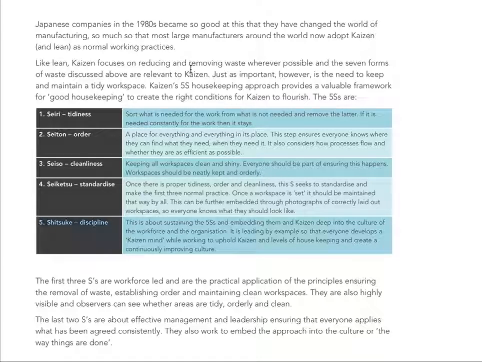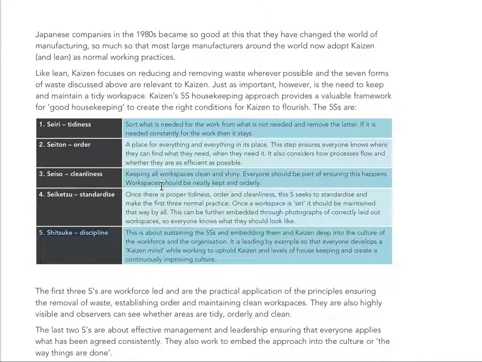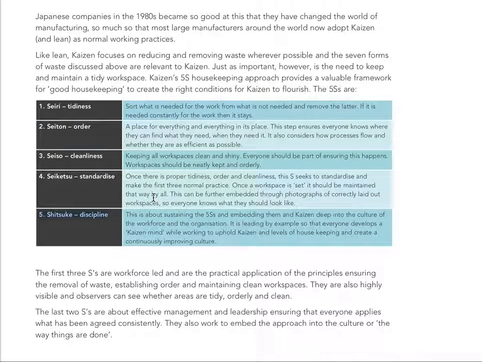Now, Kaizen focuses on removing waste where possible from 7 different forms. Tidiness: sort what is needed from the work form and what you need to remove later. Order: a place for everything and everything has a place. Cleanliness: keeping all workspaces clean and shiny. Standardize: once you tidy, make sure things are in order.